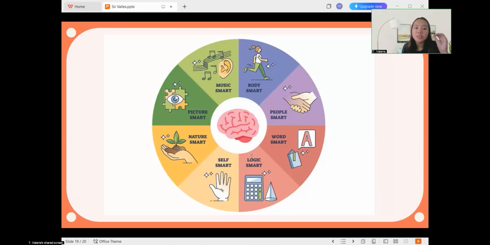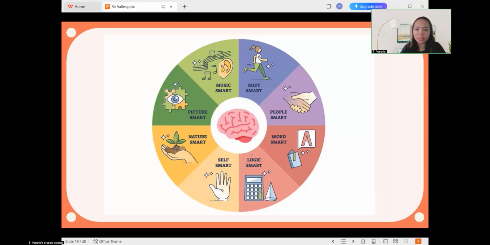So naturalist intelligent students have the ability to value the things that we can see, including the environment. The hunters, gardeners, farmers, and they can be considered as botanists too.